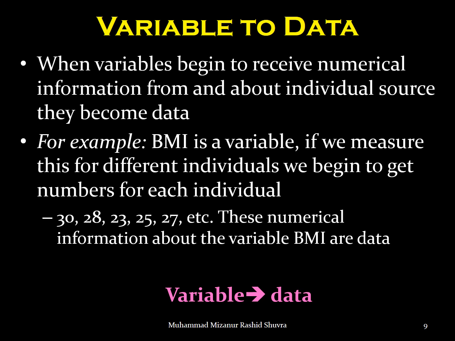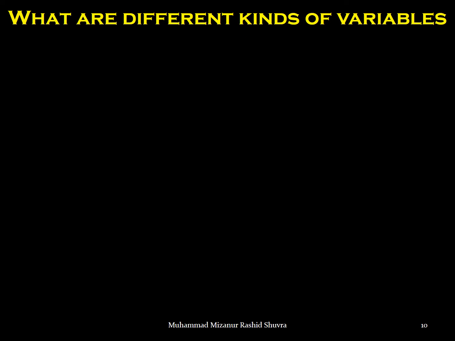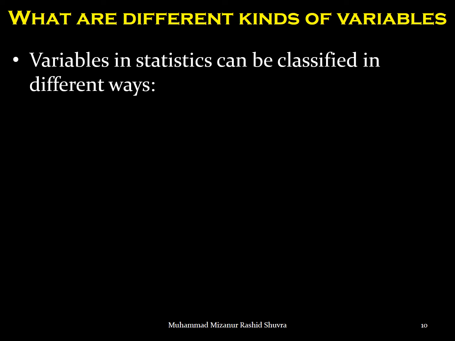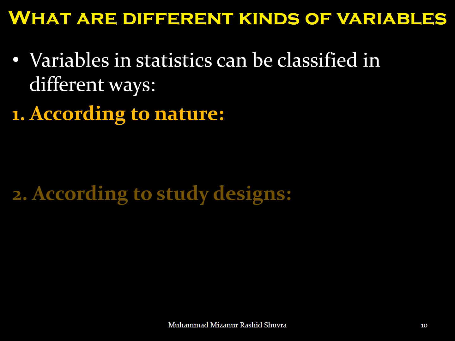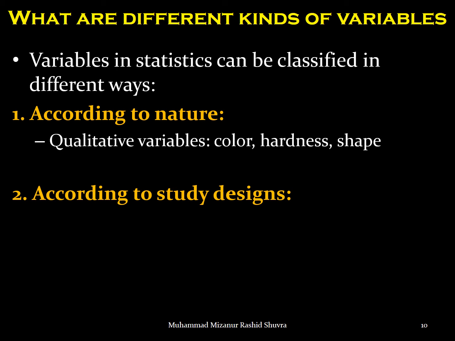All right. So what are the different kinds of variables? In statistics, variables can be classified in many different ways. We can classify according to their nature, and sometimes according to study designs. According to nature, you can have qualitative variables: color, hardness, shape.